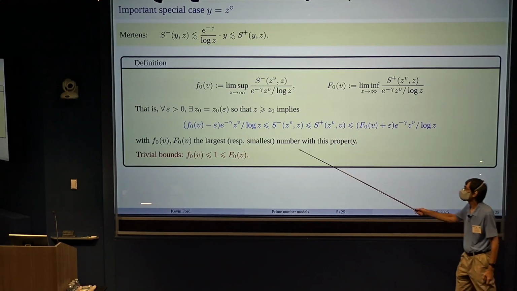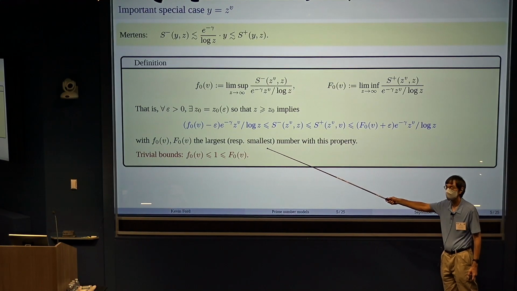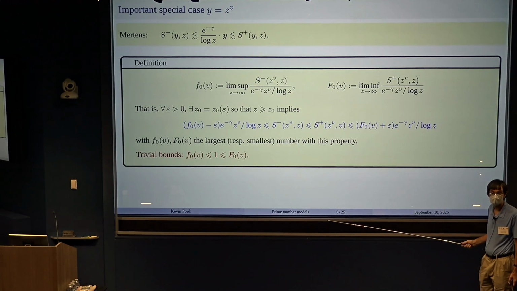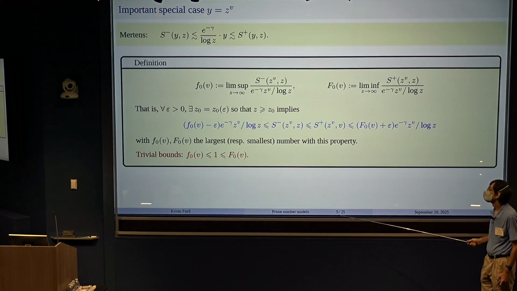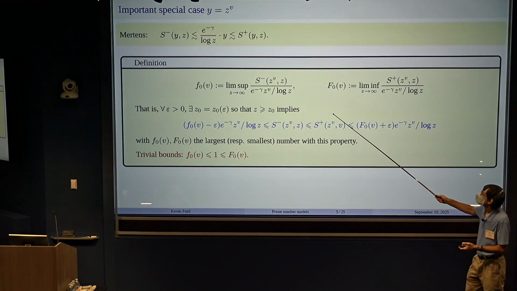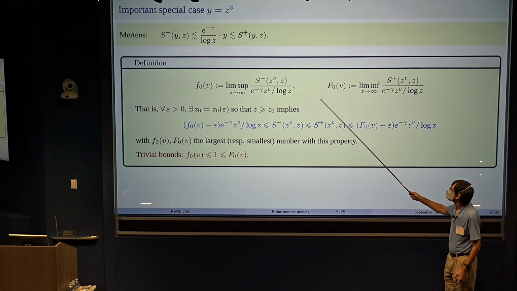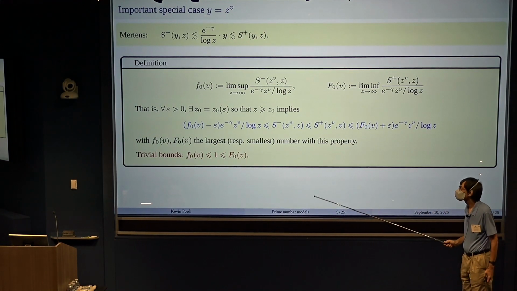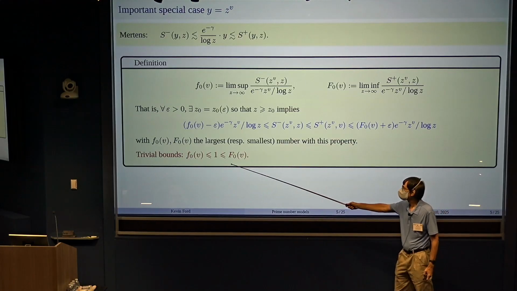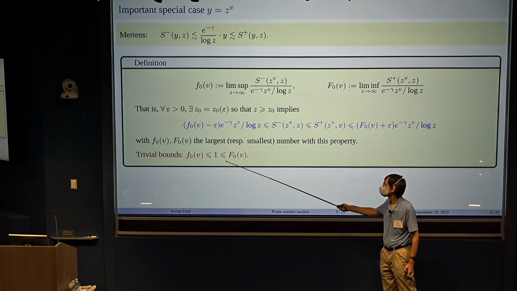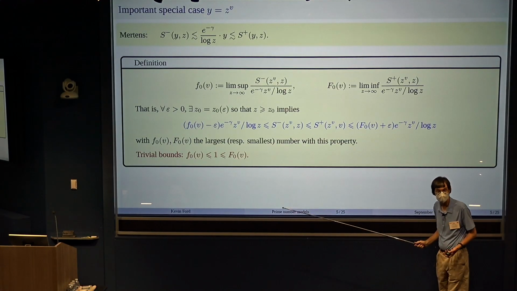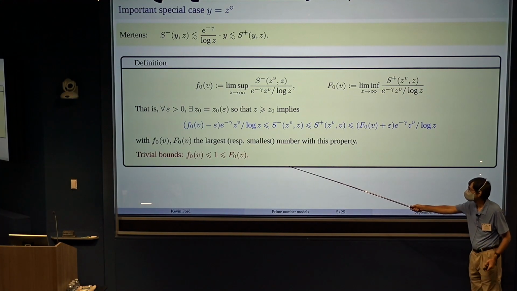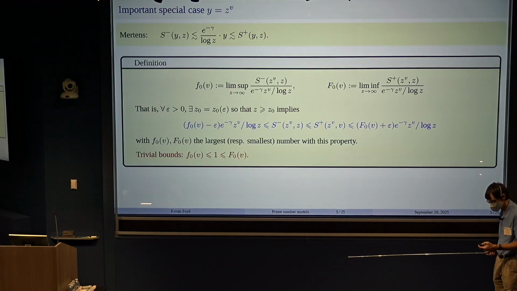And moreover, little f0 is the largest number with that property. Capital F0 is the smallest number with that property. Okay. So if you plug these definitions into this estimate at the top, you'll see that little f0 is always less than or equal to 1. Capital F0 is always greater than or equal to 1.